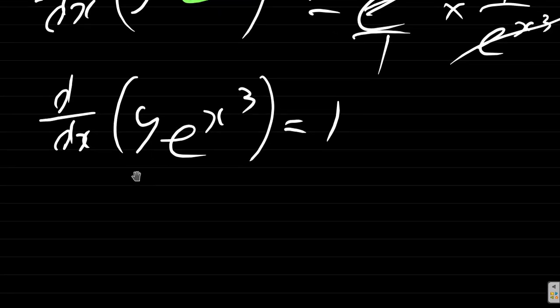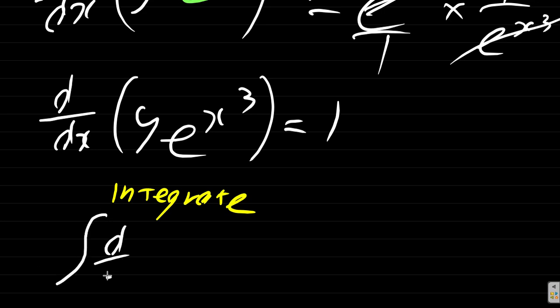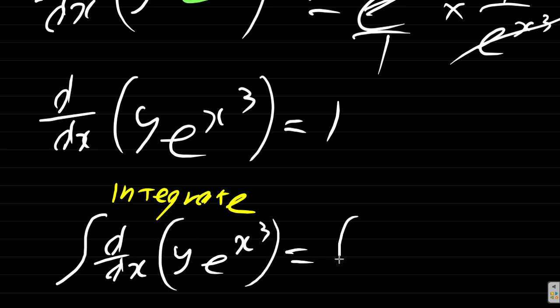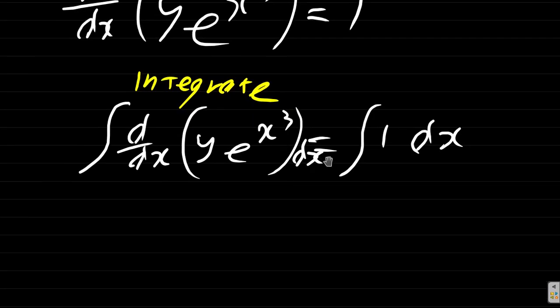The next step now is to integrate. We have the integral of d by dx of y e to the x cube equal to the integral of 1 dx. The dx should come here to show that x is the variable.